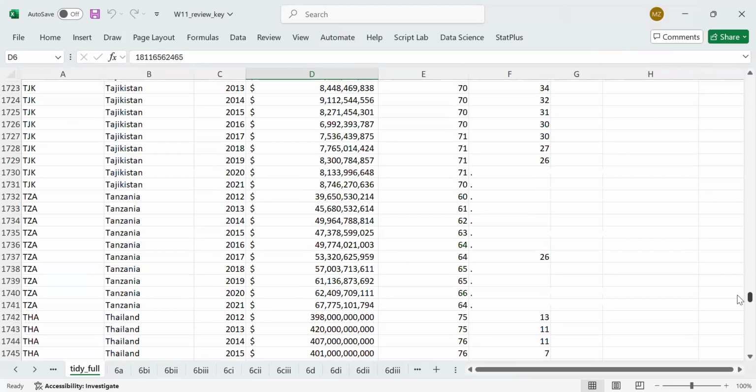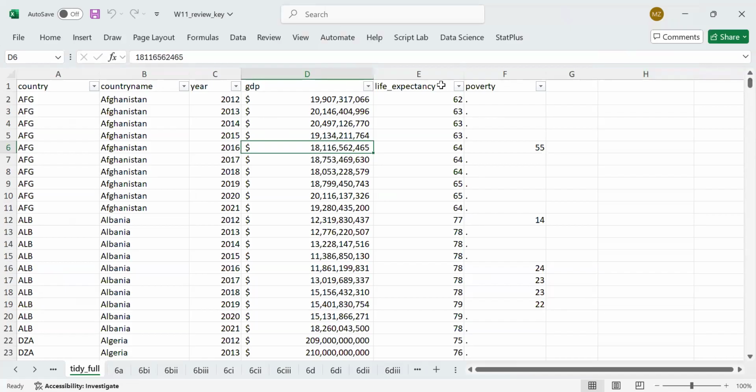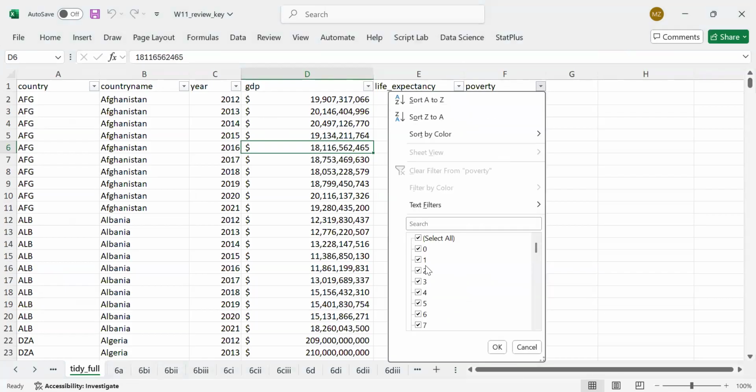Oh, okay, yeah, sorry. I skipped a step. So when you're doing the key, remove all the values where poverty values are missing. You have to clean the data, because obviously you cannot run regression analysis with missing values. So what you can do is select poverty and filter out all the dot values.